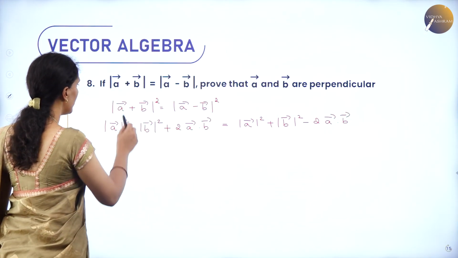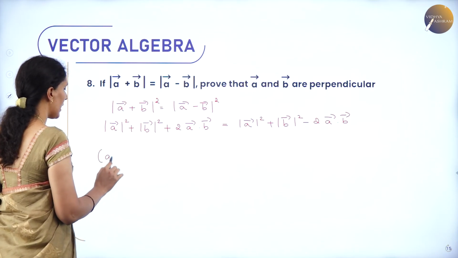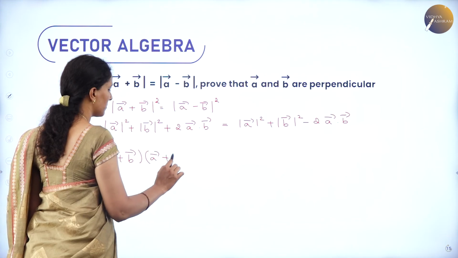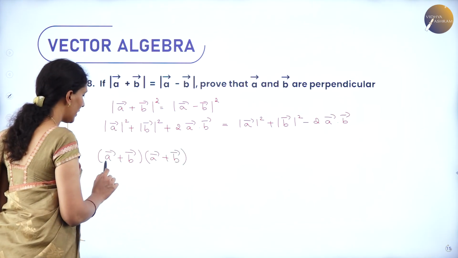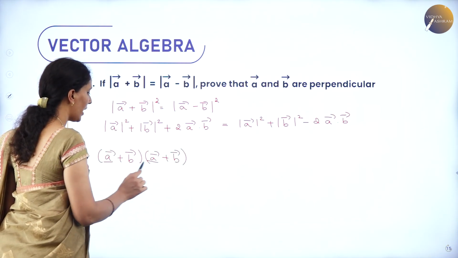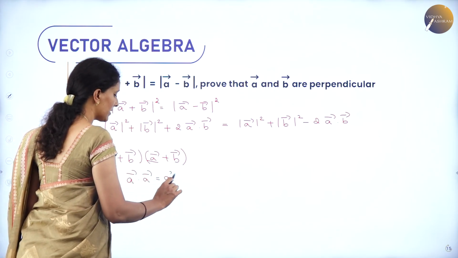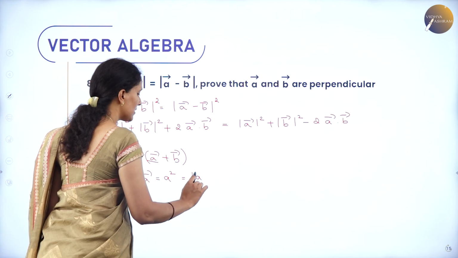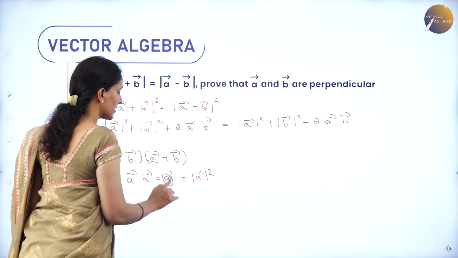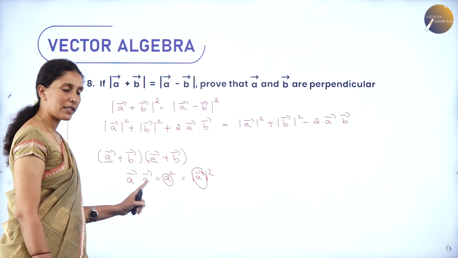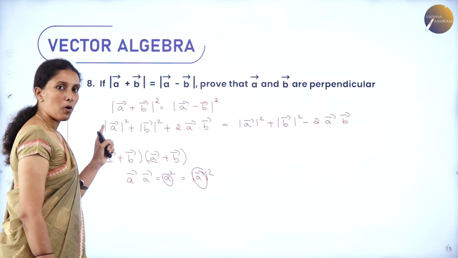Since here how I have written A plus B, first we will take vector A into vector A. So A dot A. Vector A dot vector A is nothing but A square, which can also be written as magnitude of A square. So when you are multiplying the dot product of the same vector, it is nothing but mod A square.